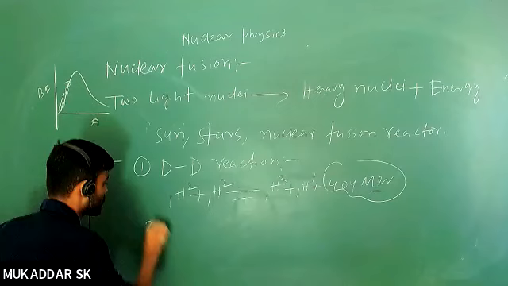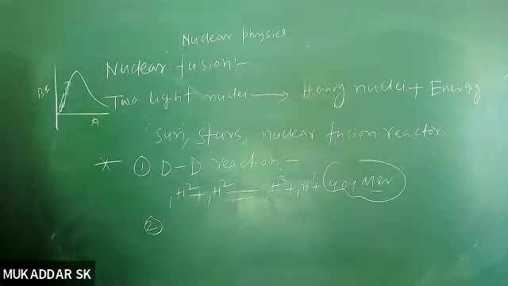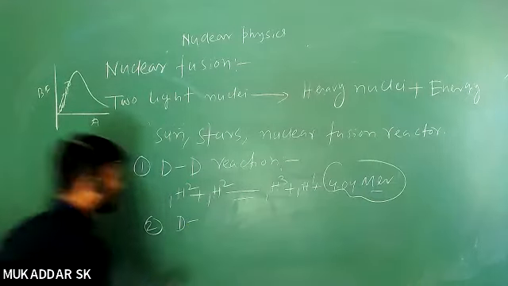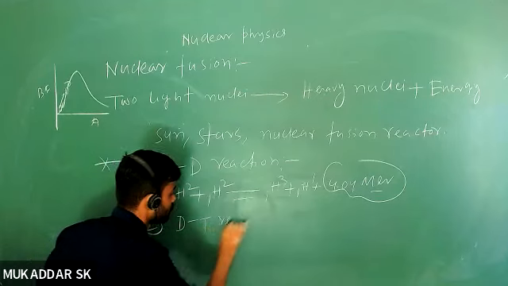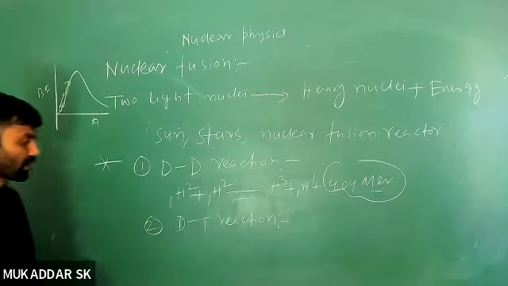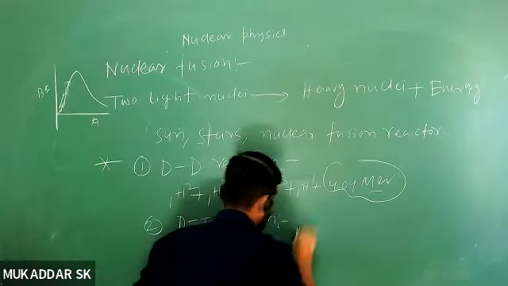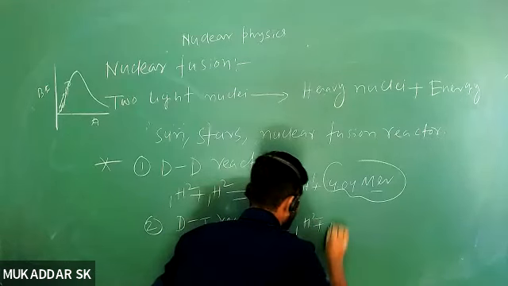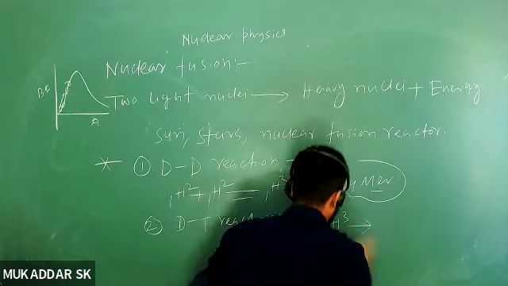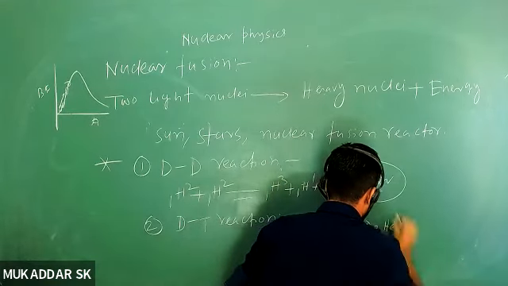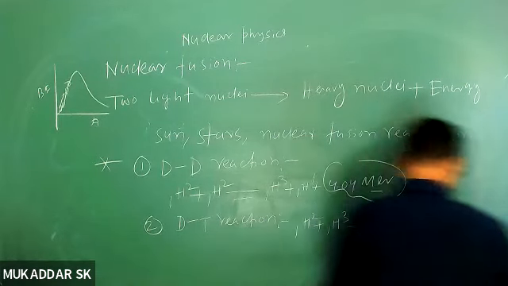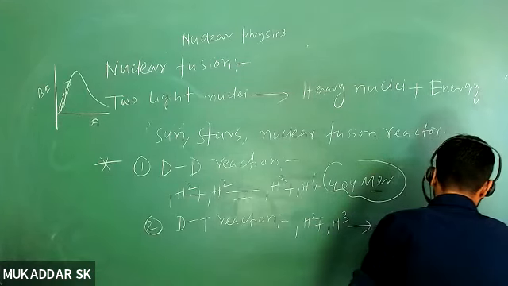Then you have another reaction. So these are the most important or potential nuclear fusion reactions. Another is the deuterium tritium reaction. 1H2, this is your deuterium, and tritium means 1H3. They will combine and form 2He4 plus a neutron, with emission of 17.6 MeV energy.